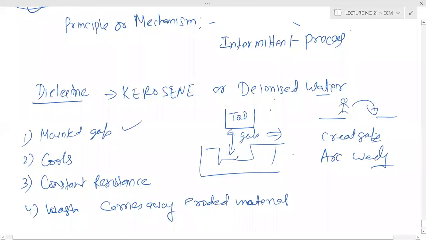So you have a maintained gap, it cools, it maintains the contact resistance, and carries away eroded material.